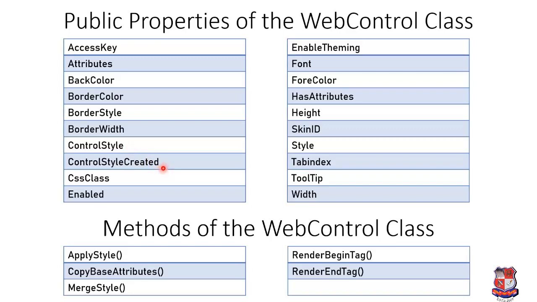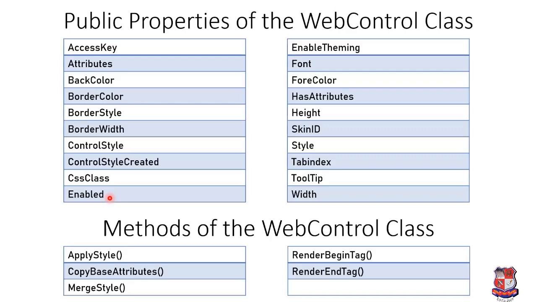Next property is ControlStyleCreated. It is used to get a value indicating whether or not a Style object has been created for the ControlStyle property. This property is primarily used by control developers. Next is CssClass. It is used to obtain the CSS class rendered by the web server control on the client.